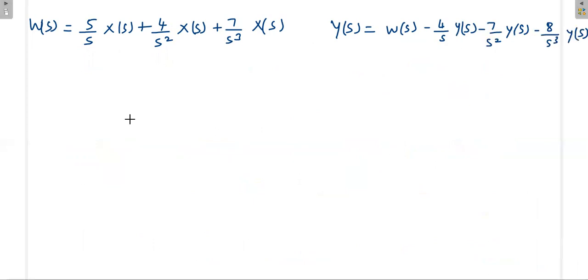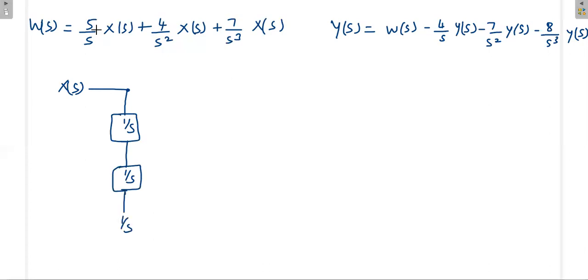Okay, now from X of s we have to get W of s. X of s is coming this way, but we take integration directly because no separate X of s term is there. If it is there we will put one line here, but it is not there, so we directly take integration 1 by s, then another integration 1 by s, then another integration 1 by s.